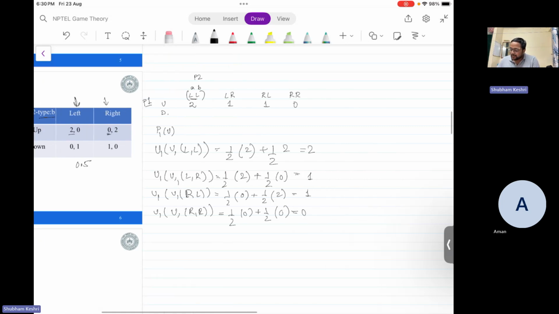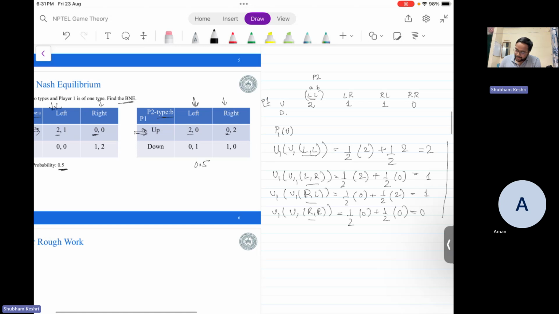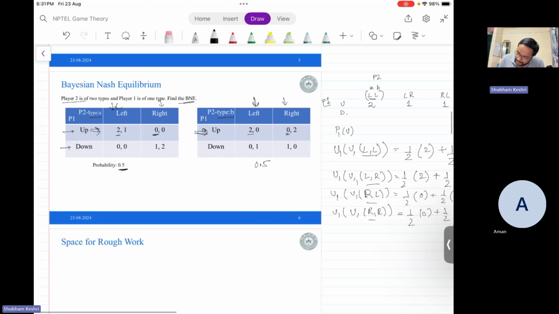Right? And we'll do this again when the strategy of player 1 is down, in all these four cases. All right, so we'll just do this quickly. L comma L. So what is this utility? It will be half when he is playing down and player 2A is playing left, he is getting a utility of 0.